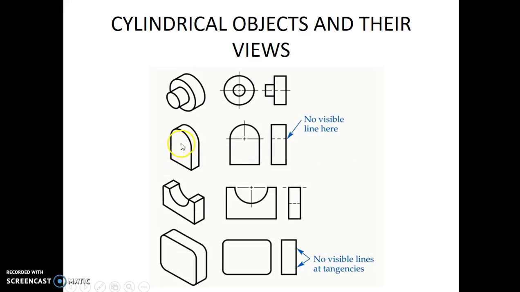In this we see a cylindrical object merged with a rectangular object. So this vertical surface of the rectangular object is tangential to the cylindrical surface here. We see that there is no visible line here. The line shown here is the center line of the object.